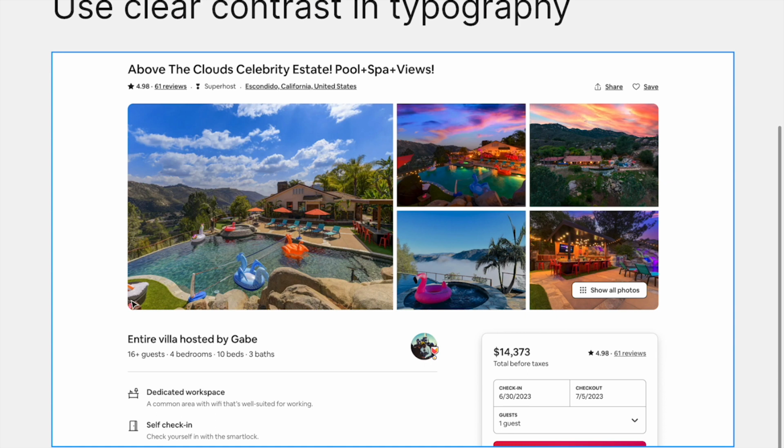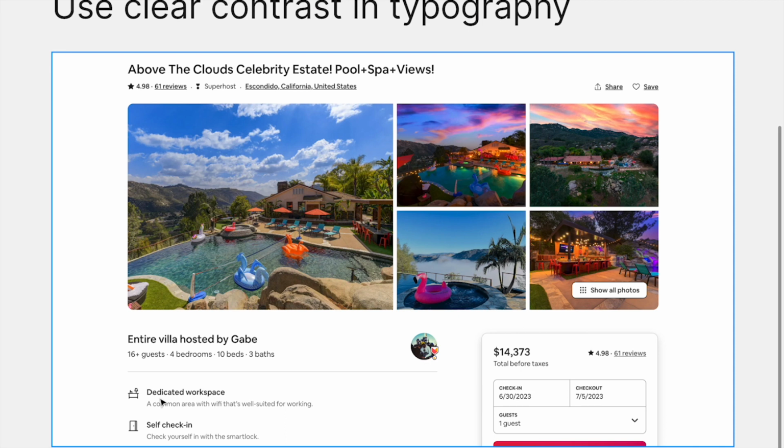The weight essentially just means the thickness of the letters. They're using a thicker font weight and larger font size here at the top for the title, this description line, and the price, and then a thinner font weight and font sizing for the less important information.